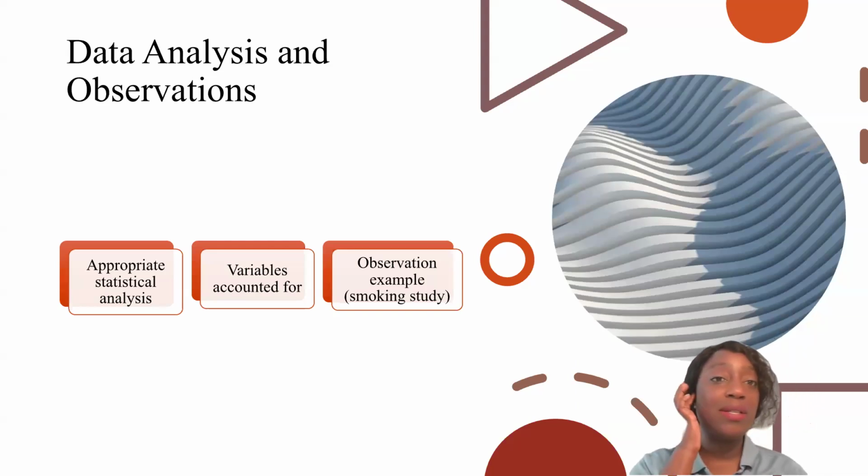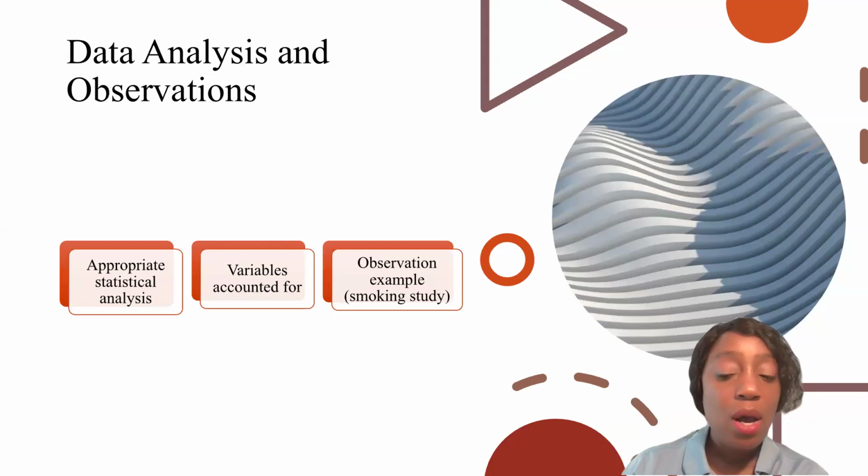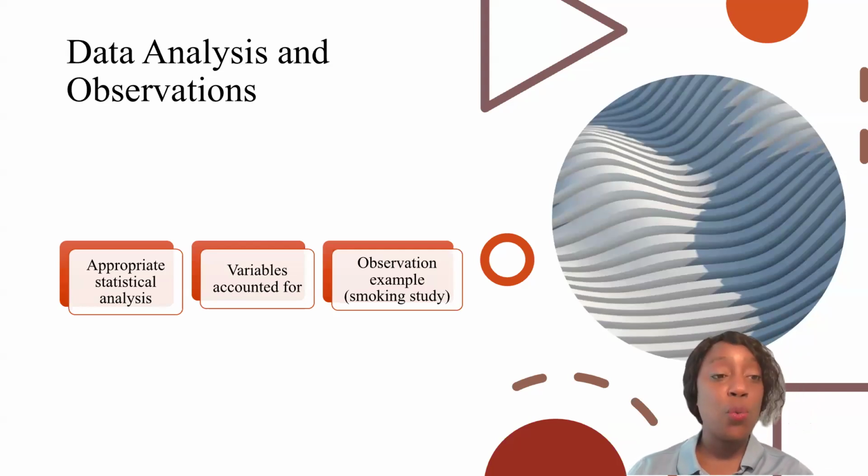And so, data analysis and observations. Data analysis is another key point. Were the statistical methods appropriate for the type of data collected? A good study should account for all relevant variables.